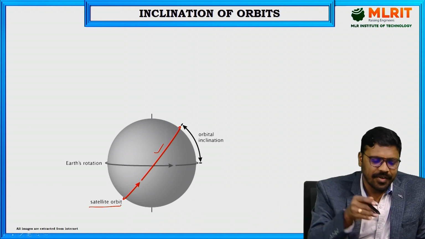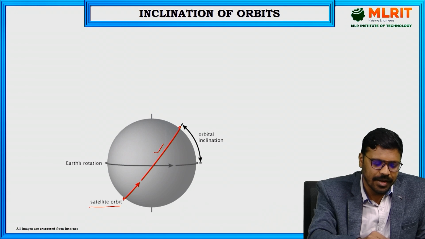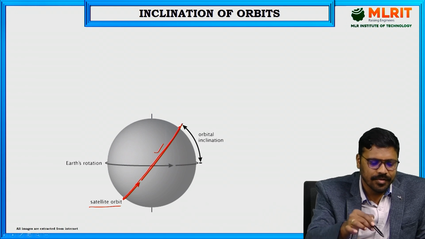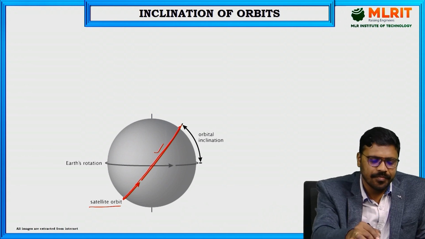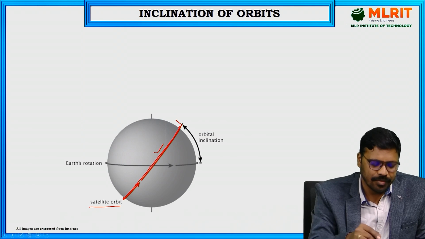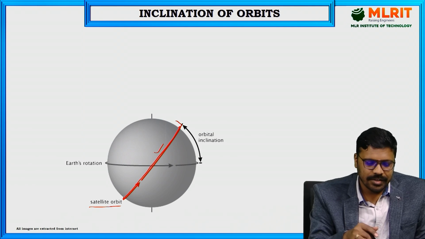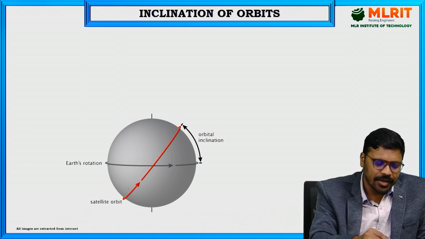If I draw a plane along this orbit, passing through the Earth's center, then we can call that the orbital plane.